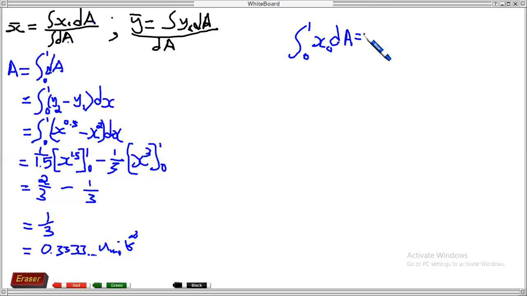Okay, so now it's similar to what we were doing already, because now remember it's just x. From 0 to 1, x will just remain x here. And then remember again, this dA was equal to the same thing that we're gonna put there: y2 minus y1 dA.